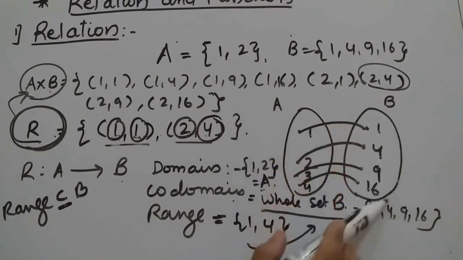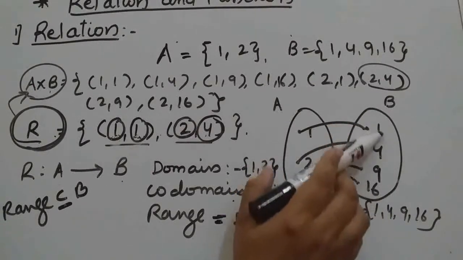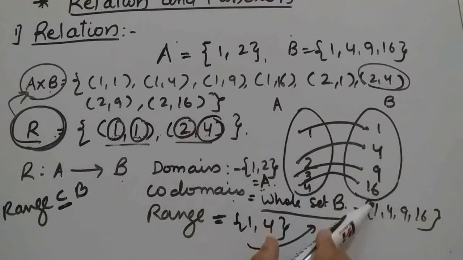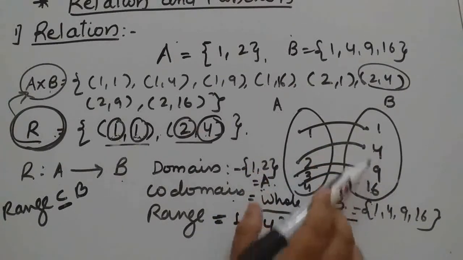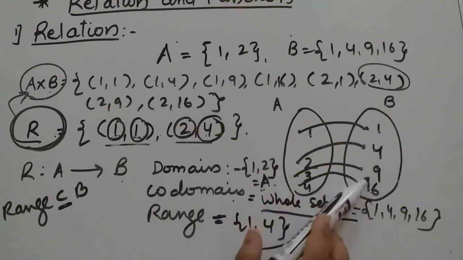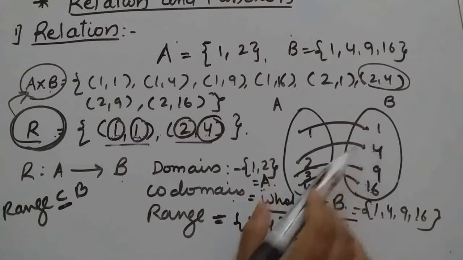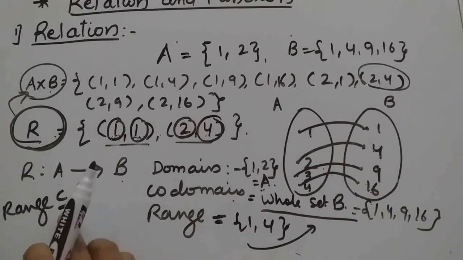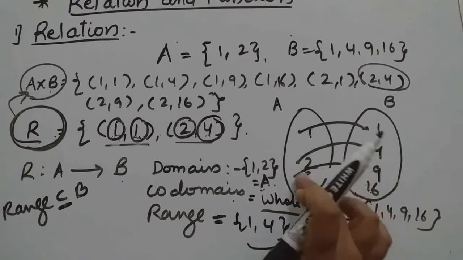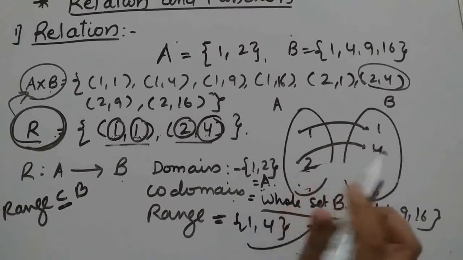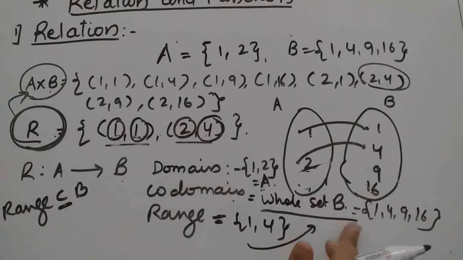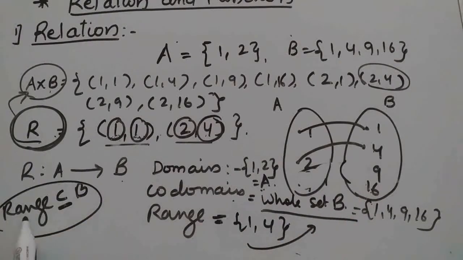So set B is also 1, 4, 9, 16, and range is also 1, 4, 9 and 16, because all the second elements are related to first elements. So in this case range will be equal to B, but for the earlier case we have range as a subset of B. So we can write like this: range can be a subset of B and can be equal to B also.